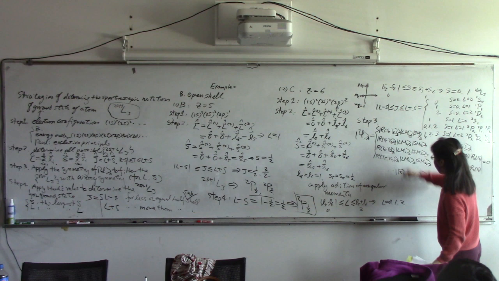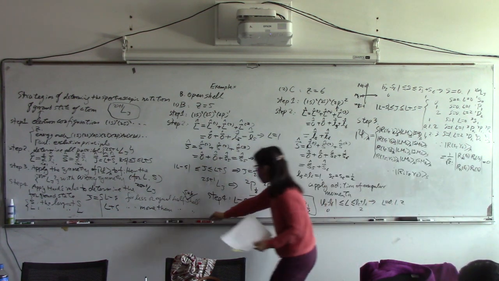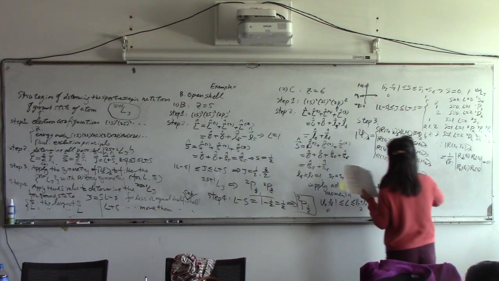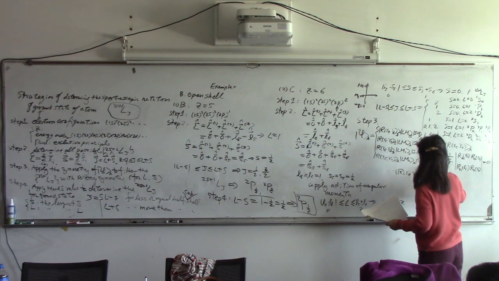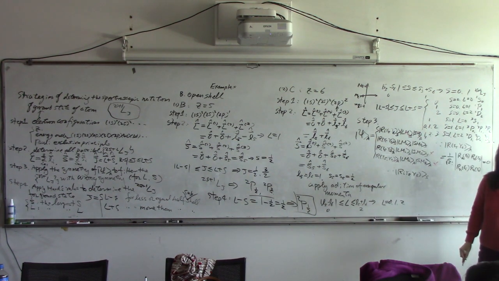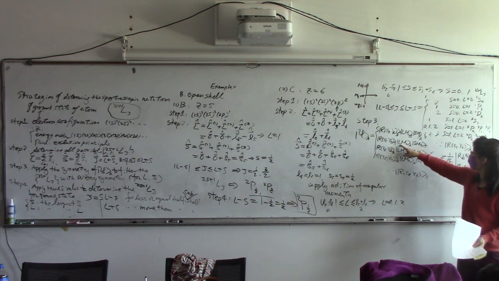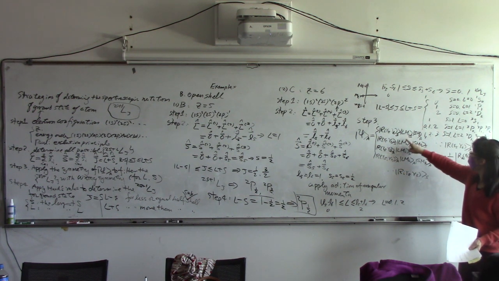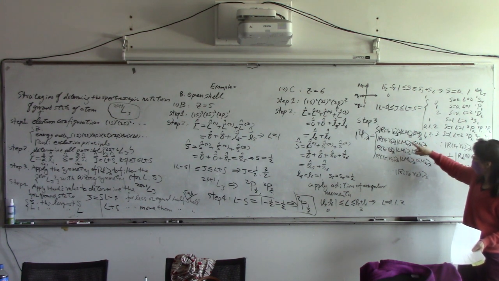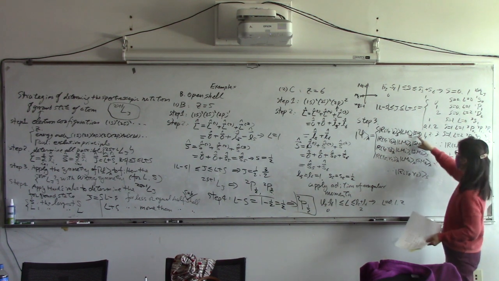So if symmetric, that means these 2 do not exist, right? If we have the radial part antisymmetric, so we go to here. Now we are going to see whether the orbital wave function is symmetric or antisymmetric. Spin, same thing.